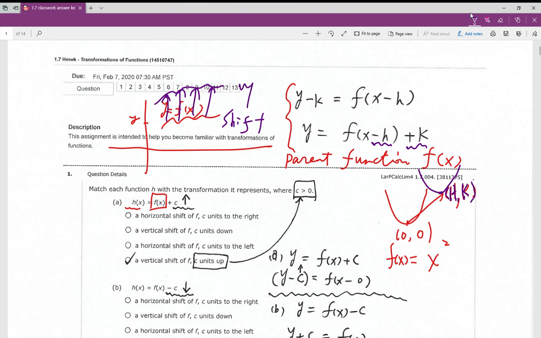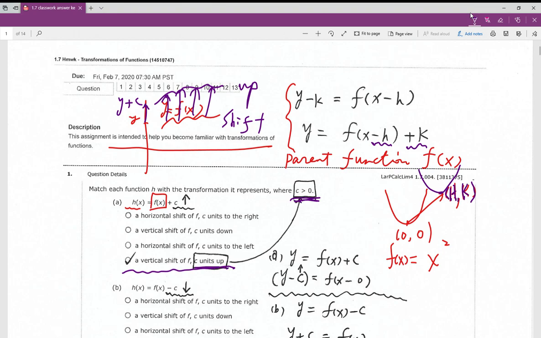Shift up when c is positive. You plus c means all the y values plus c. So the whole graph will be shifted up. Kind of obvious. So this is a vertical shift of f, c units up when c is positive.